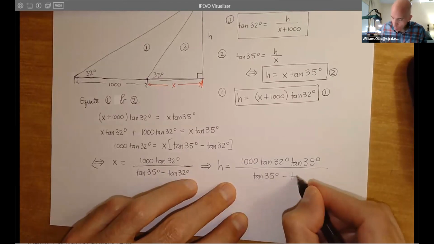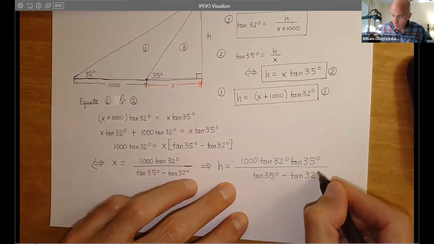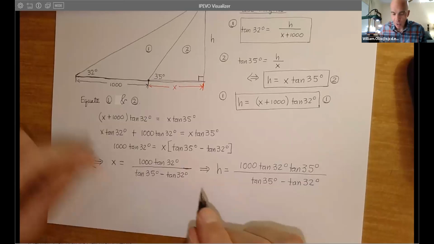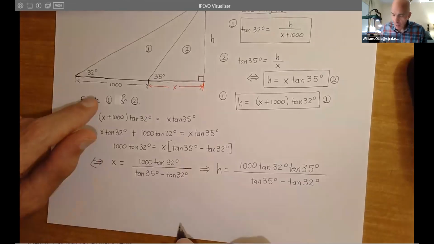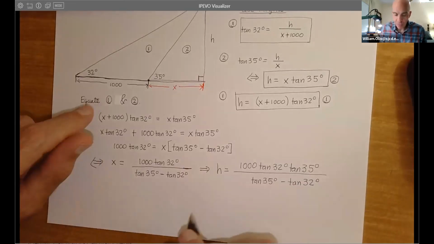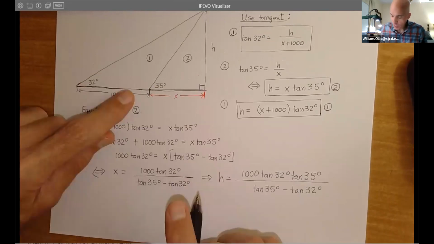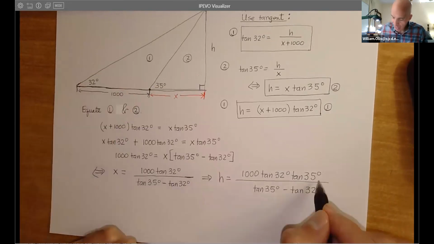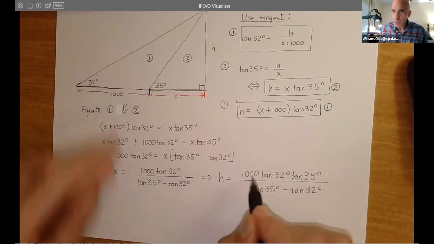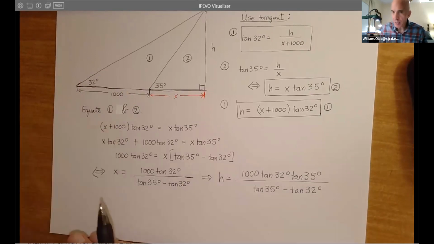Maybe you're working for somebody and you develop this formula, and then you can say, here's a formula that will work: you give me the two angles of elevation, call them alpha and beta, and that number is the difference between the two positions. You could set those as variables and make a general formula to figure out the height of a mountain.